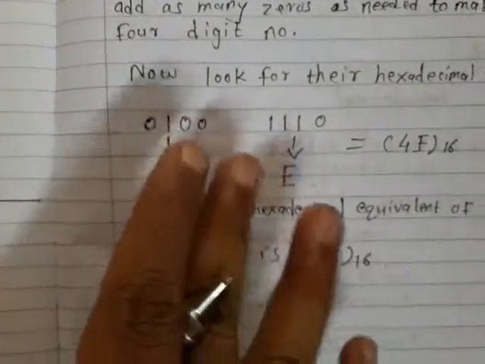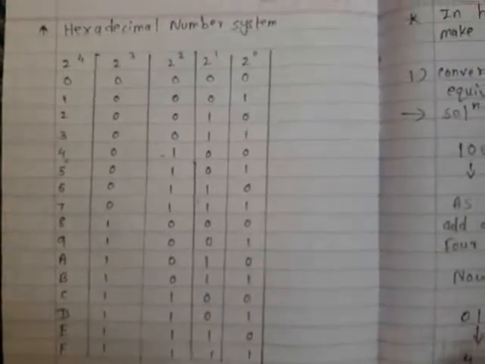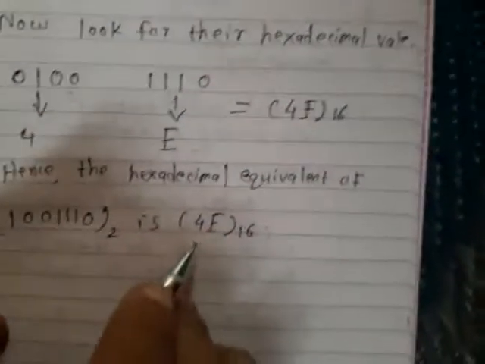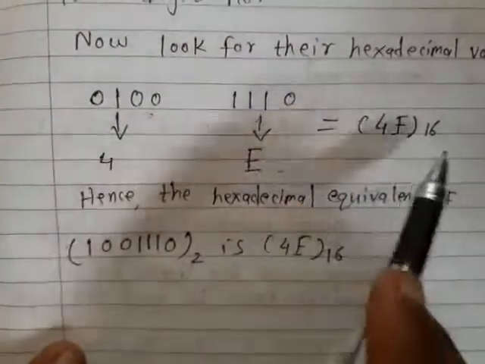Like this you have to search in that chart. Hexadecimal number system, you have to search this number. Okay student, like this your solution will come. This is your solution 4E.